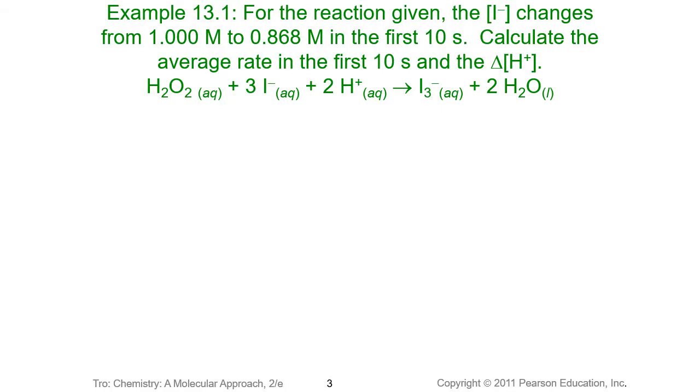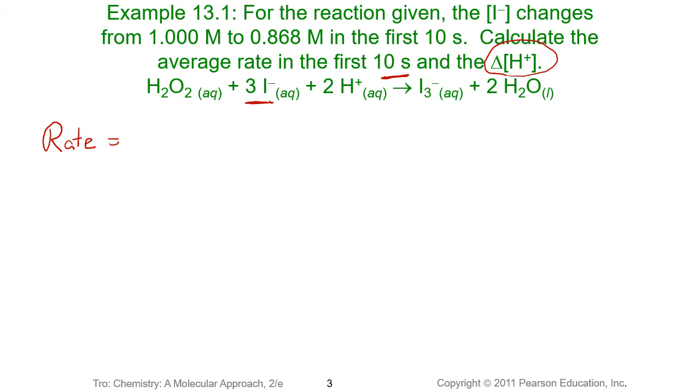Let's try an example. For the reaction given, we are given the I- changes in the first 10 seconds, and we want to calculate the average rate in that time frame, and also the change in our H+ concentration. So the information we're given is about I-. So let's calculate the rate for I-.